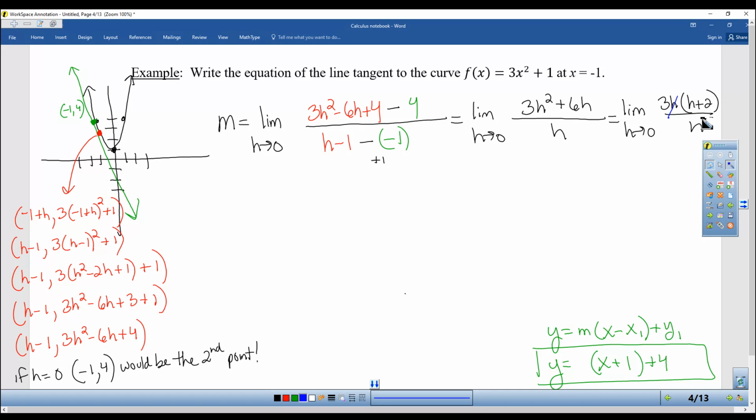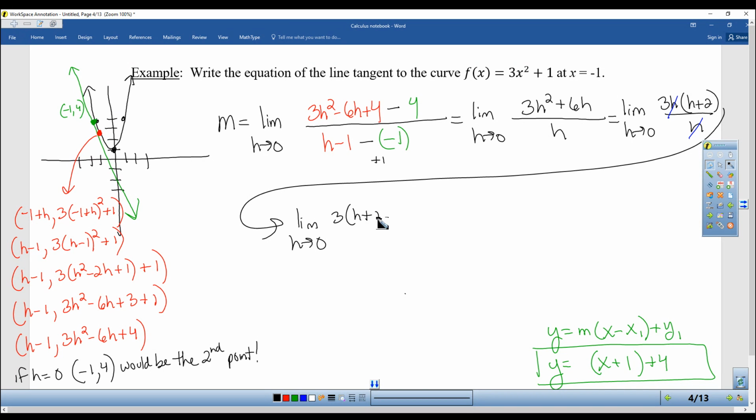The h's simplify to 1. H divided by h is equal to 1. And then I'm just going to wrap that around here. So the limit as h approaches 0 of 3 times h plus 2, now I can plug 0 in and I don't get an error anymore, gives me 6.